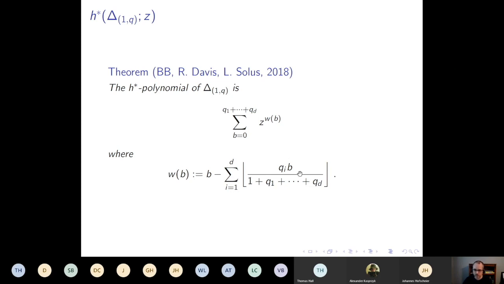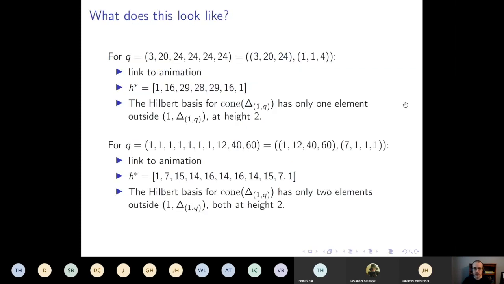For each weight, I take q_i times b, and I divide it by the normalized volume, and I floor that. And so this is coming from a particular one-dimensional parametrization of the lattice points in the fundamental parallelepiped.